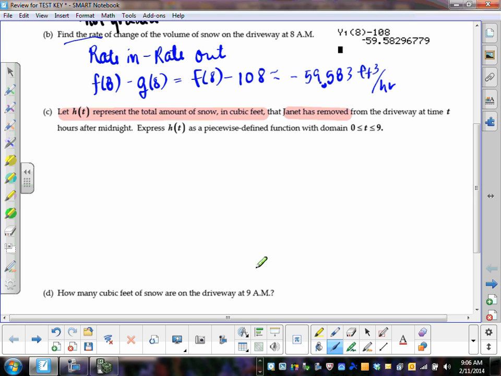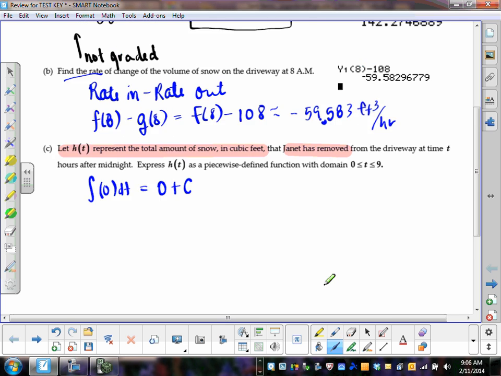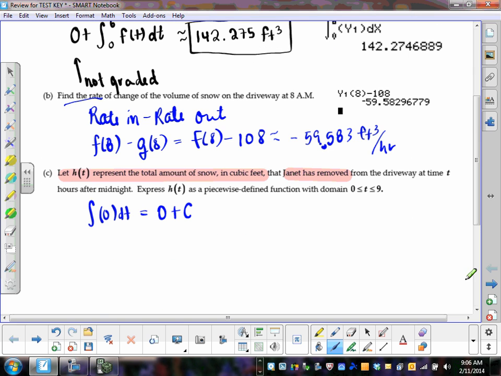So on here, what you have to think of is that when you anti-derive g of t, the antiderivative of 0 dt is just 0 plus c, and we're going to use the interval for that from 0 to 6.